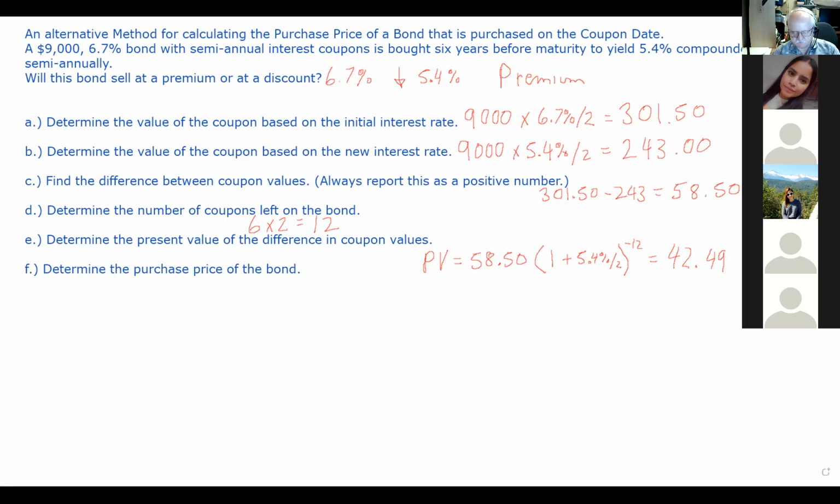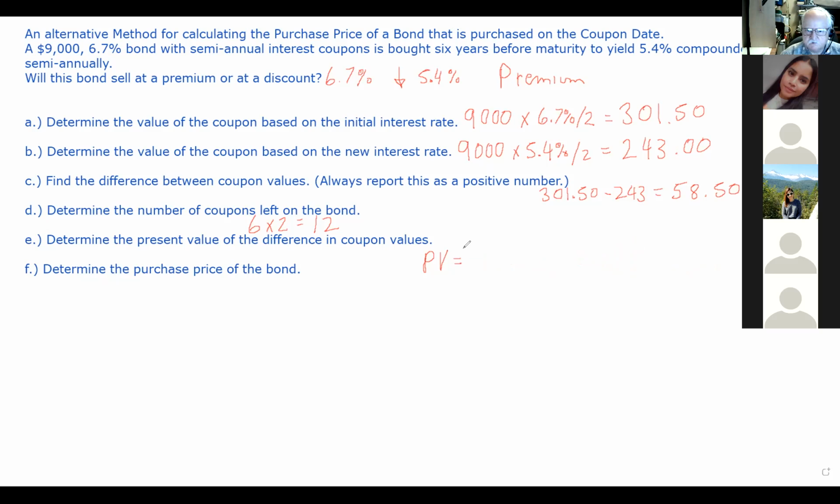So let's go back to the formula sheet because it gives you the alternative method: coupon minus market, determine the number of coupons left on the bond, and the present value of the difference. This formula isn't doing me any good. So let's use the formula they gave us on the formula sheet and see if it makes sense.